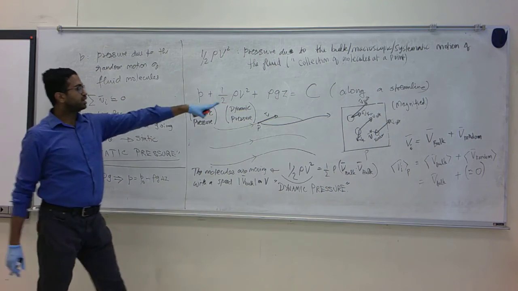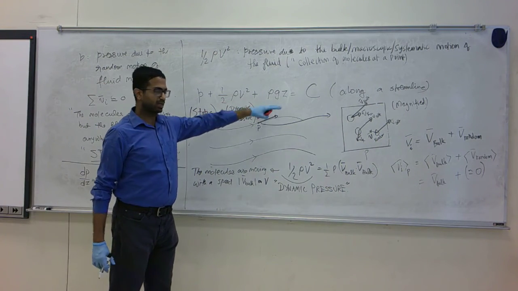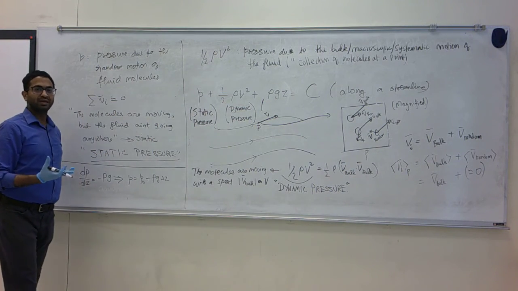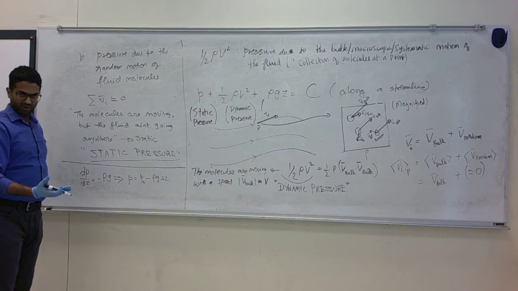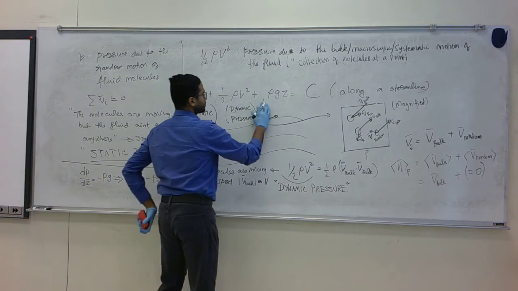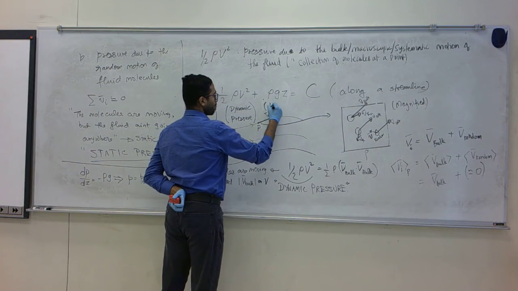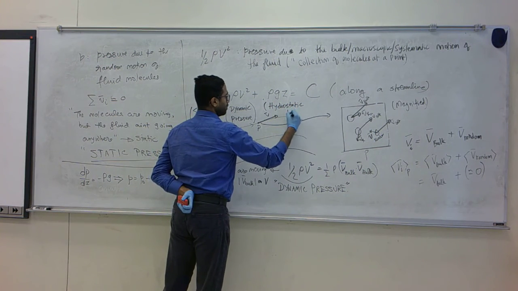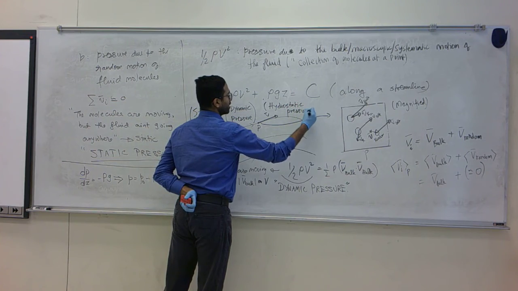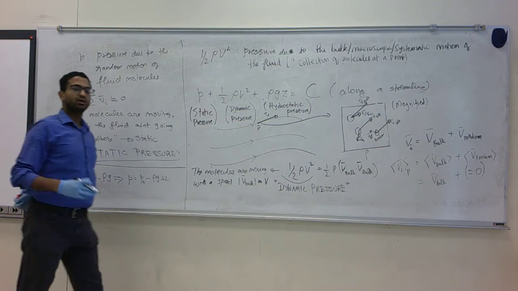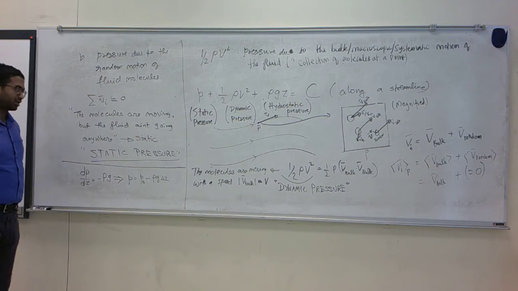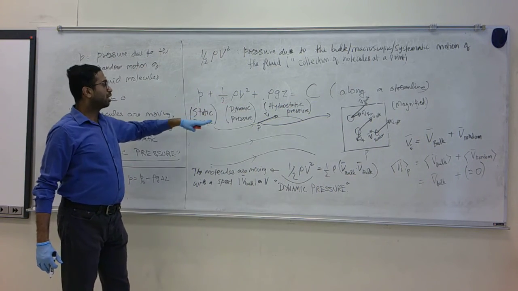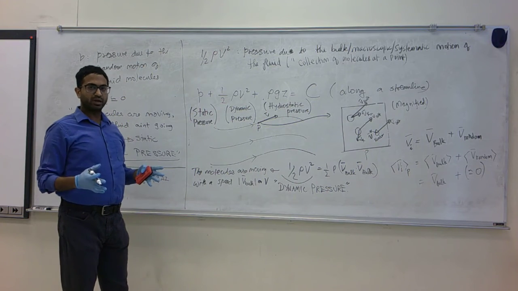So rho gz itself is a component due to the weight of the fluid that is above a certain level. It arises due to the weight of the fluid above a certain level, and so it is called the hydrostatic pressure.